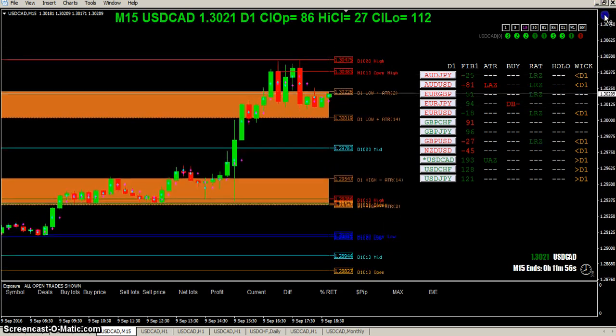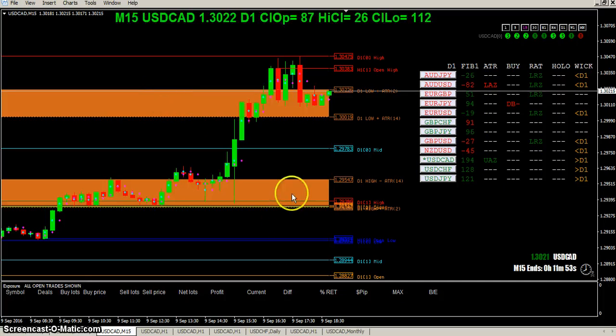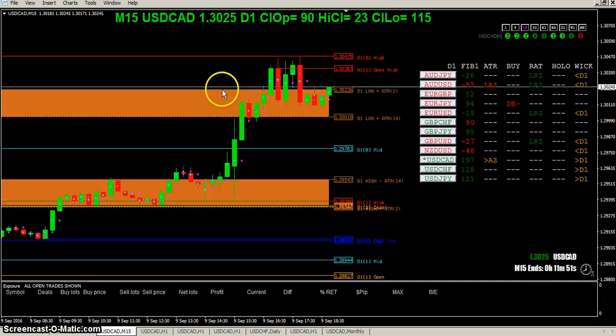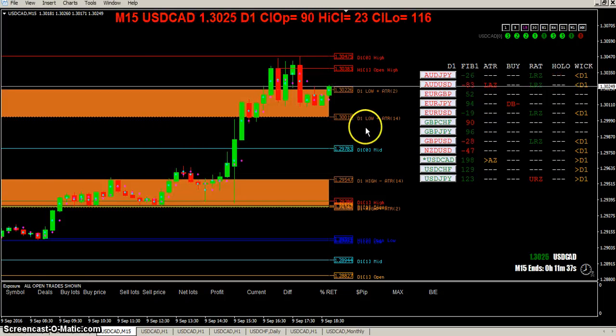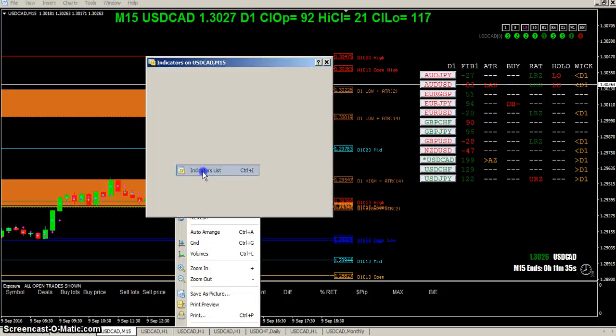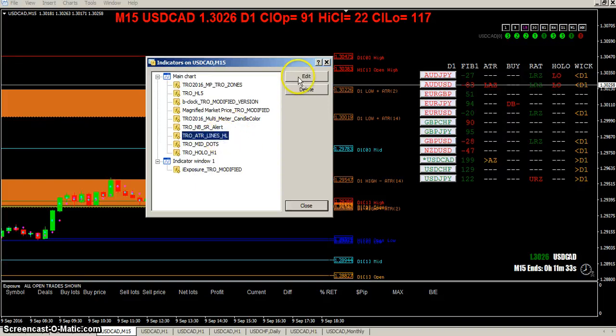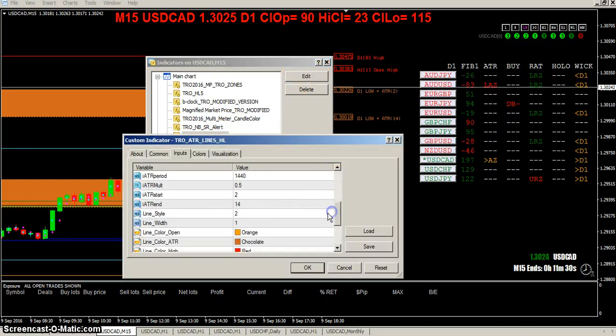So these brown or orange shaded areas are the ATR zones. I have an indicator that I wrote, the TRO ATR lines HL. And what this does is you can give it an input and you say you want to start looking at ATR2 and you want to end looking at ATR14.